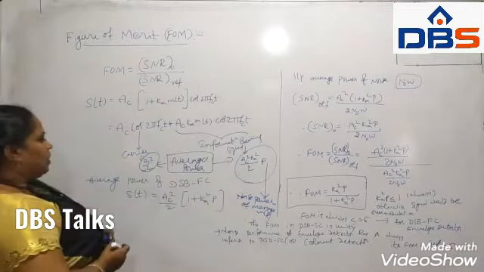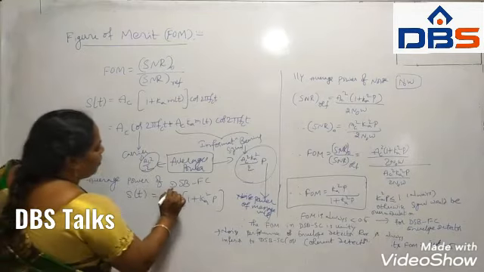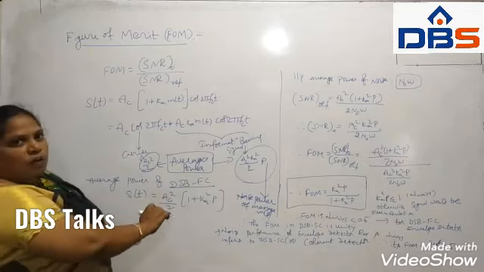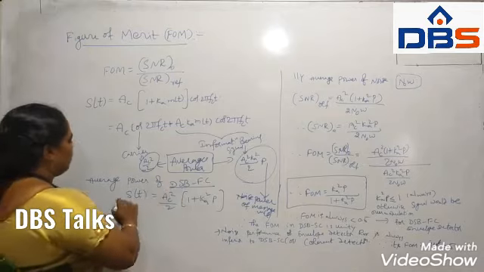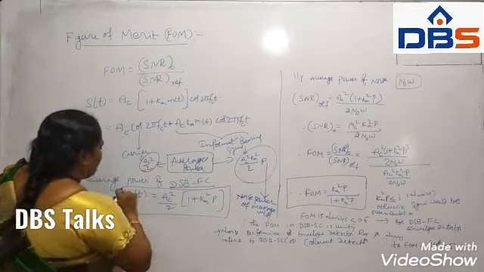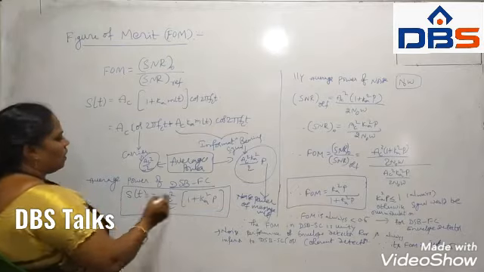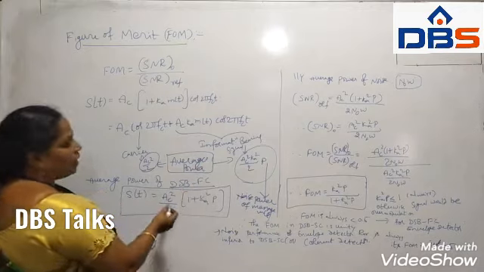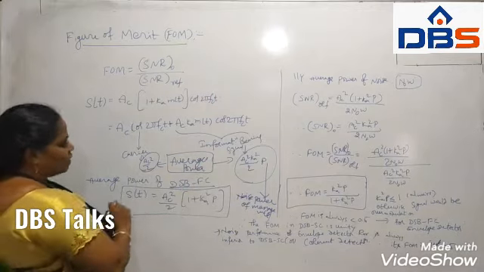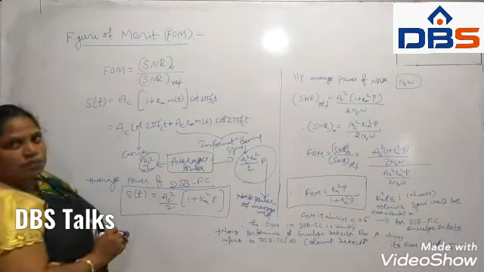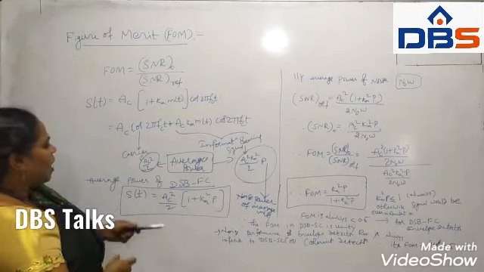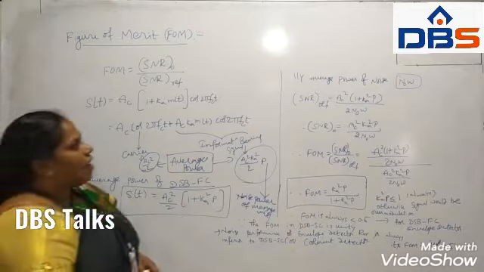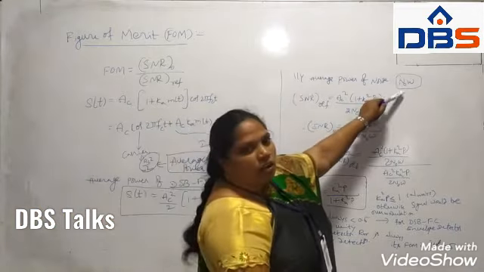Next, the average power of DSB FC, double sideband full carrier, is S of t equal to AC square by 2 into 1 plus Ka square into P, where these two are added. Similarly, the average power of noise is N naught into W.